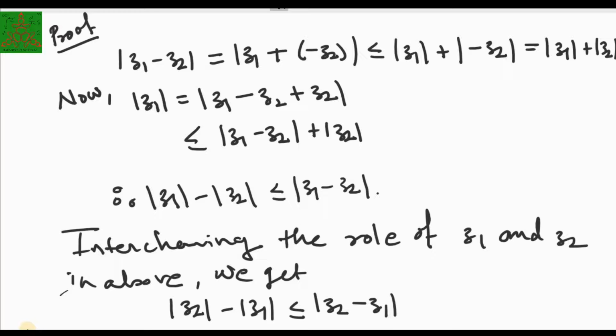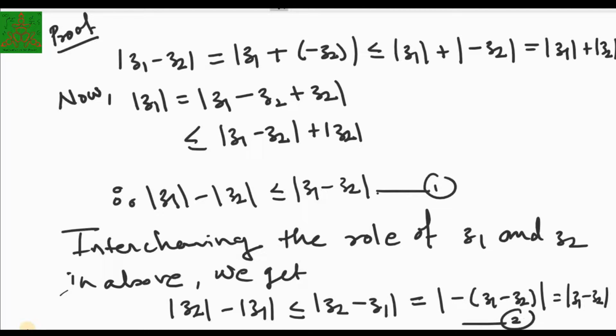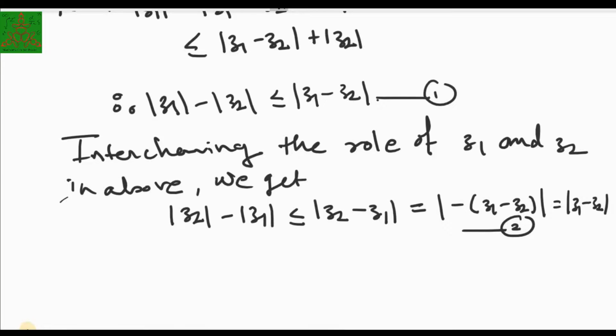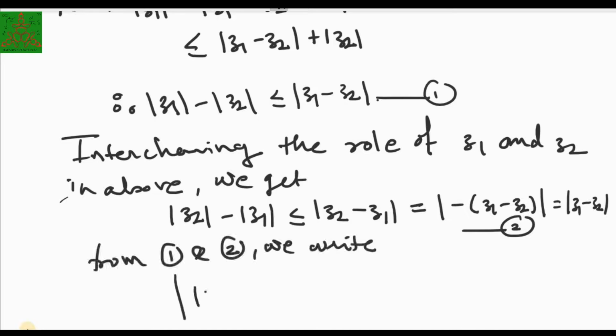Now mode of z2 minus z1 we can write as mode of minus of z1 minus z2, which is mode of z1 minus z2. If I call this statement 1 and this statement 2, then from 1 and 2 we can write mode of z1 minus mode of z2 is less than or equal to mode of z1 minus z2. So that proves the statement.